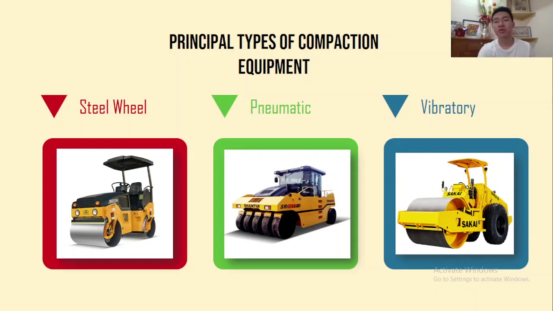Using a vibratory roller on your construction project can help you keep the building structure at its integrity. Other types of soil that vibratory rollers are great at compacting are crushed rock or gravel.